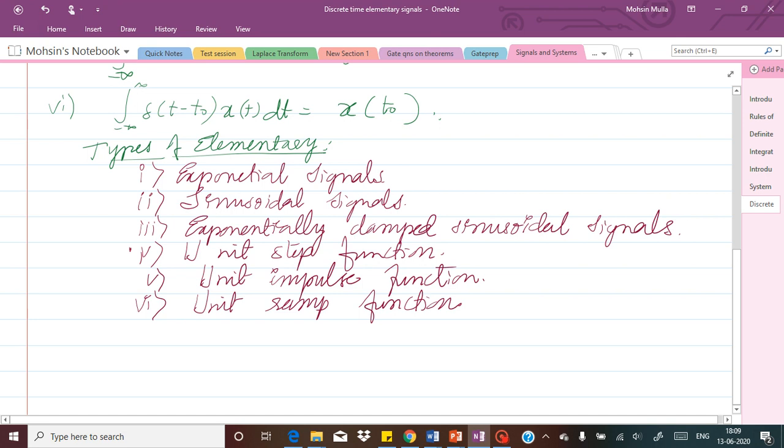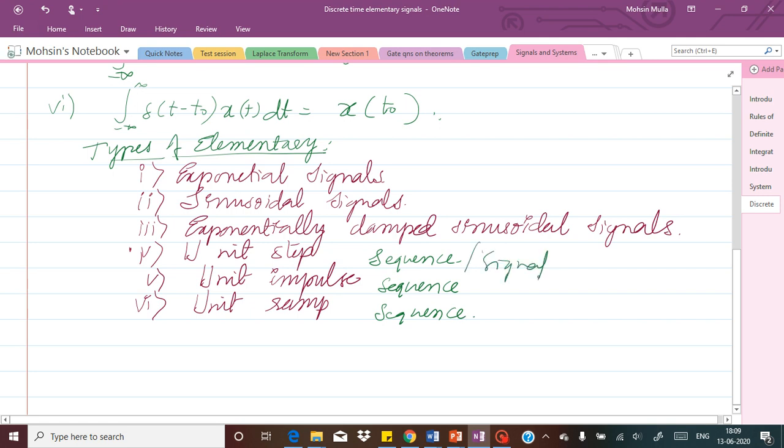Here it is going to be a sequence, so instead of function, it would be better to write sequence, because it is just a set of magnitudes. The ramp can be called a signal or a sequence, but it cannot be called a function.